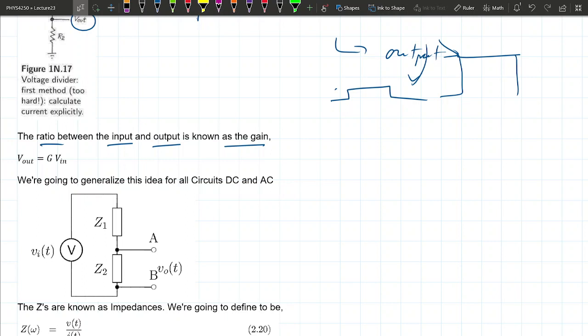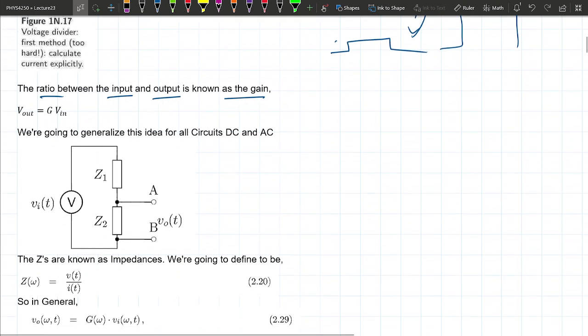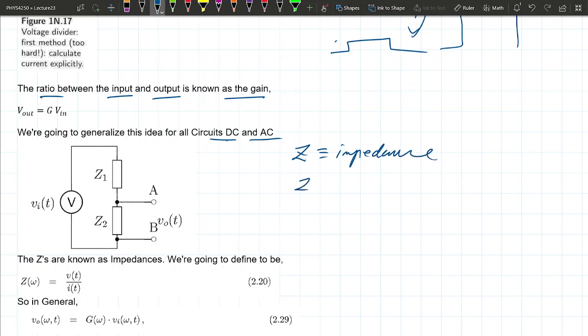Okay. What we're going to do is generalize this for both DC and AC circuits, as opposed to just dealing with resistors. And so thinking about them in terms of resistors, the thing we introduced on Monday was this idea of impedance. Remember the Z represents impedance. The impedance for a resistor is just the resistance.